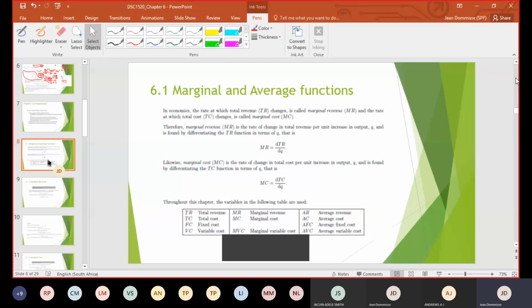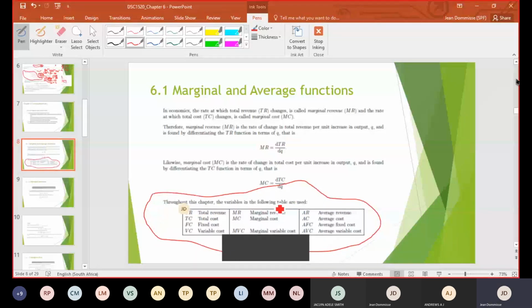But now basically when we look at the marginal and average cost or average functions, then we need to know nearly, the important thing is this.